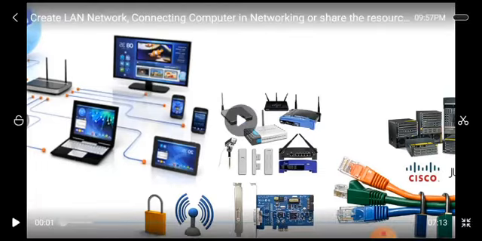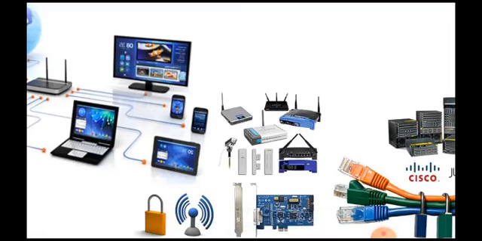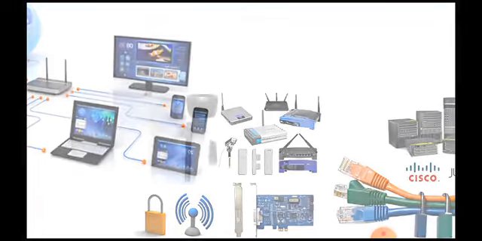But in today's session we are going to discuss how to make an actual physical network with the help of computers, RJ45, LAN cable as well as a switch. So in this video we are going to discuss in detail.